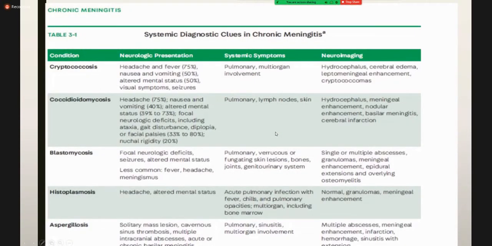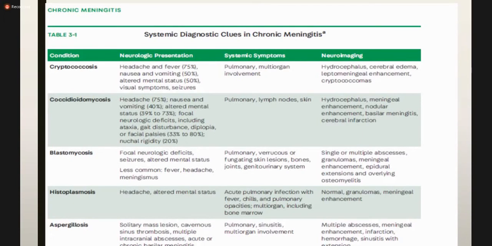This is a table showing certain disorders which have systemic diagnostic clues in chronic meningitis. There is a list of conditions. For example, cryptococcosis, in which the neurological presentation is headache and fever in almost 75% of cases, nausea and vomiting in 50% of cases, with altered mental status in almost 50% of cases.